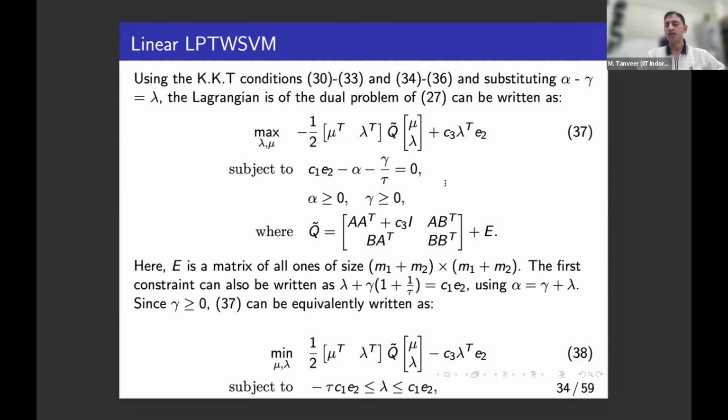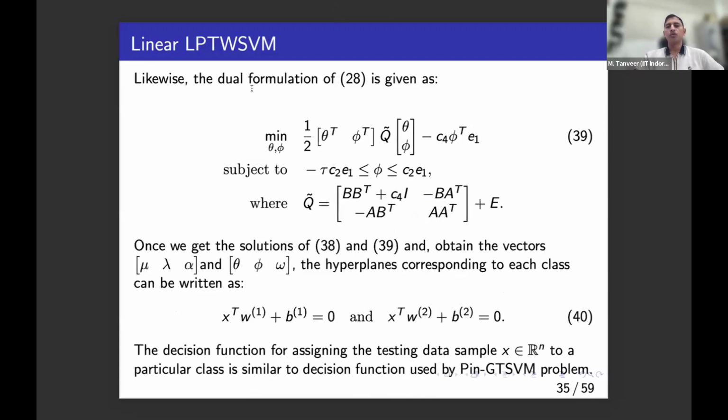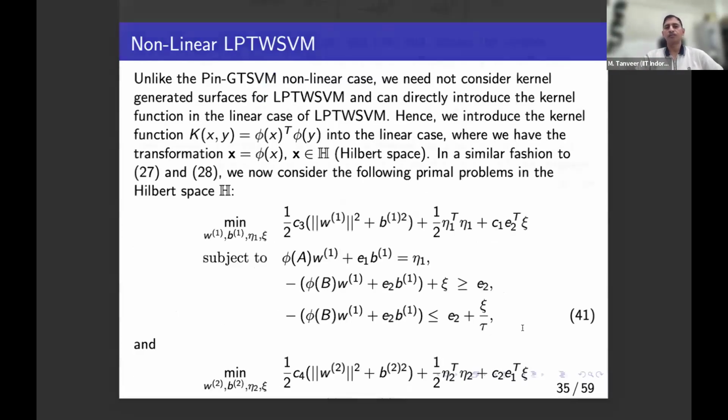The invertibility issue is completely removed, so we do not need to compute the inverse of the matrices. The dual formulation of the other part is also free from inverse matrices, and we solve it similarly to Pin-GTSVM, so the decision function is similar to the previous algorithm.